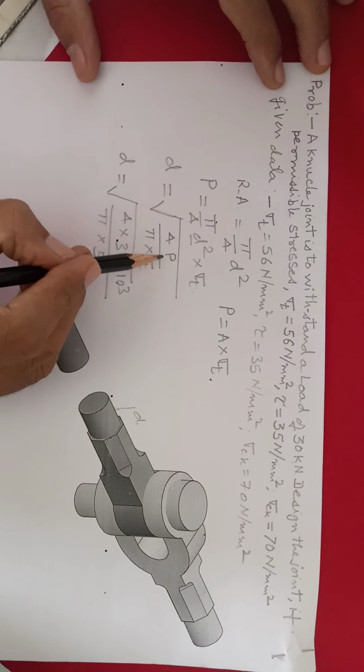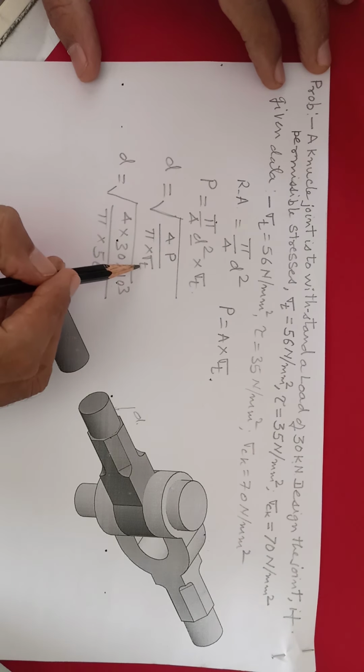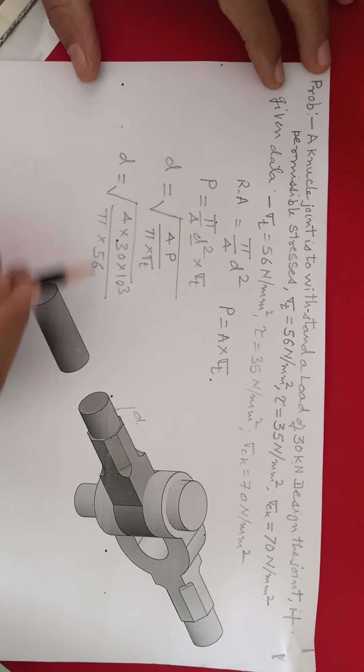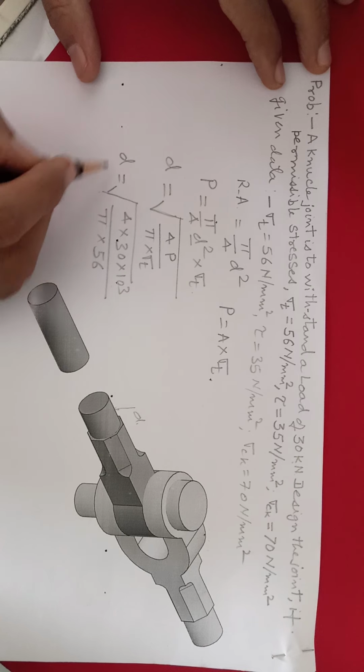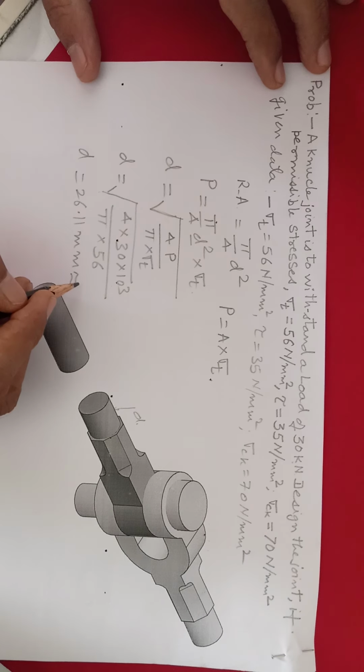Now putting the value of load, P is equal to 30 into 10 raised to 3, and value of sigma t is equal to 56 given. Now we will calculate the diameter of rod. That comes out to be 26.11 millimeter. Now we will take this diameter, say 28 millimeter. We will take increased dimensions.